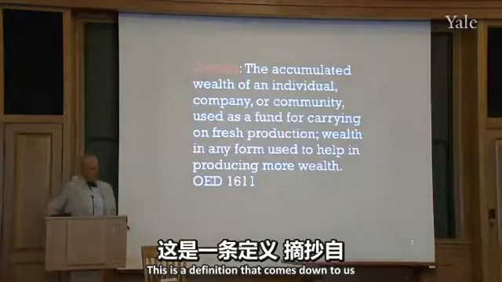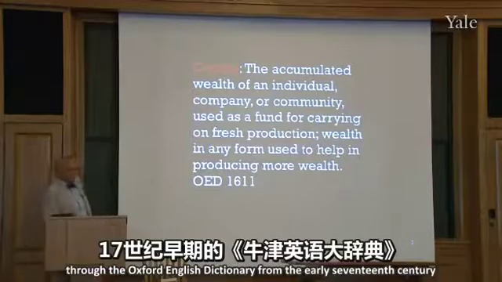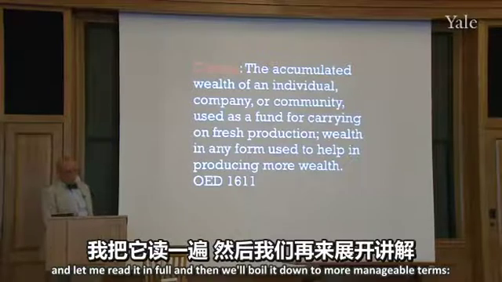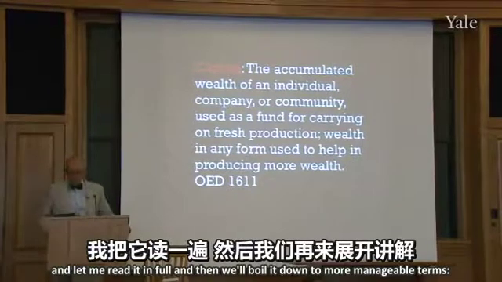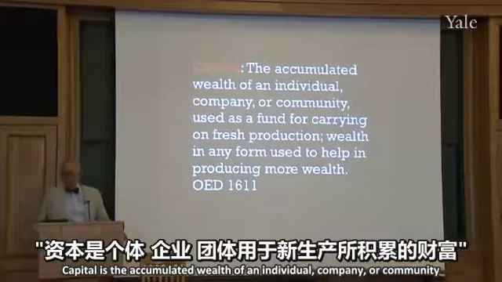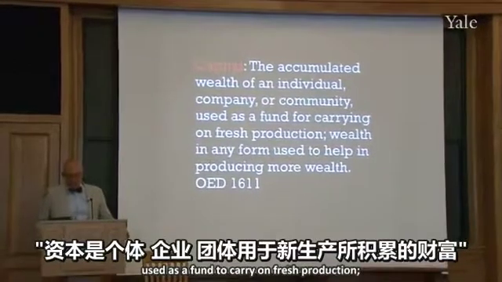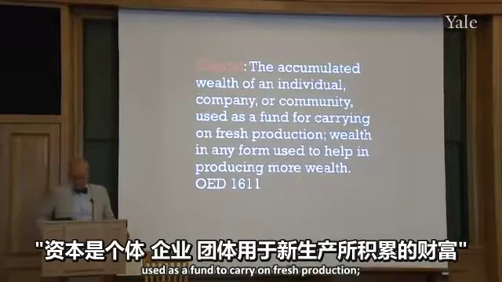This is the definition that comes down to us through the Oxford English Dictionary from the early 17th century. Let me read it in full, and then we'll boil it down to more manageable terms. Capital is the accumulated wealth of an individual, company, or community used as a fund to carry on fresh production.